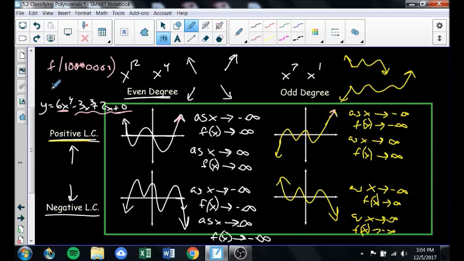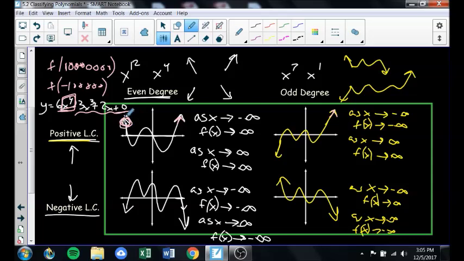But then think about doing f of negative something really, really big. Well, in an even function, the negatives cancel. You do a negative times itself an even number of times, the negatives cancel. So that still goes up in the even one.